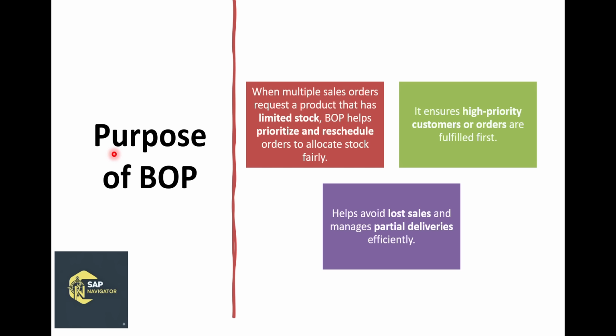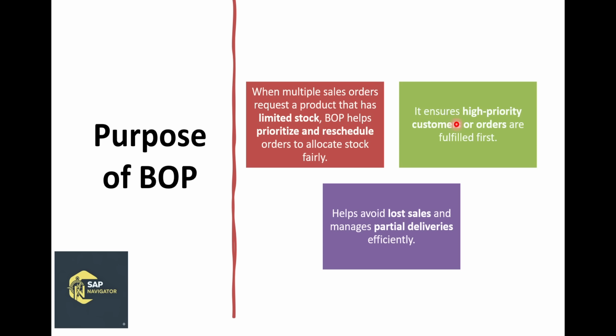Before that, let's get to know the purpose of BOP. When multiple sales orders request a product that has limited stock, BOP helps prioritize and reschedule orders to allocate stock fairly. So there is a product with limited stock, and we have multiple sales orders with different priorities. BOP helps to reprioritize the orders, and then it will reschedule the orders based on the priority.